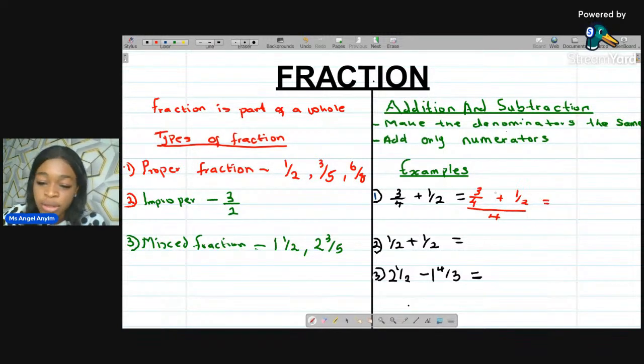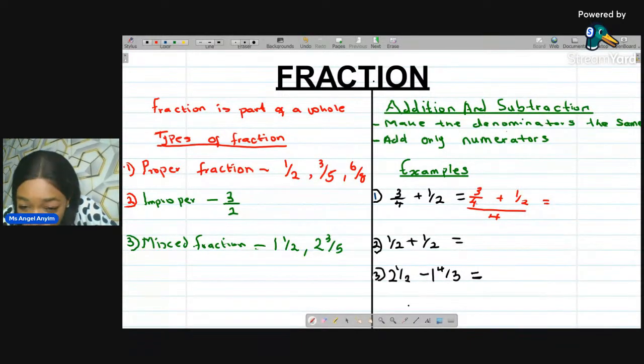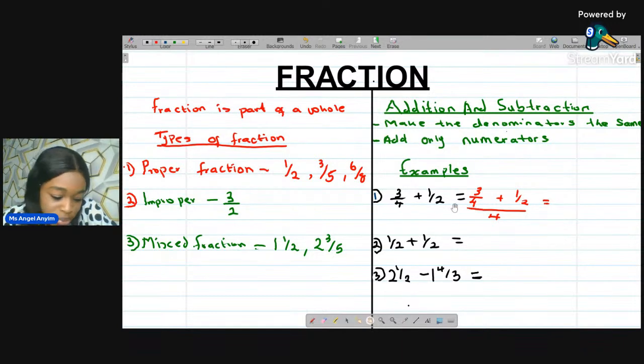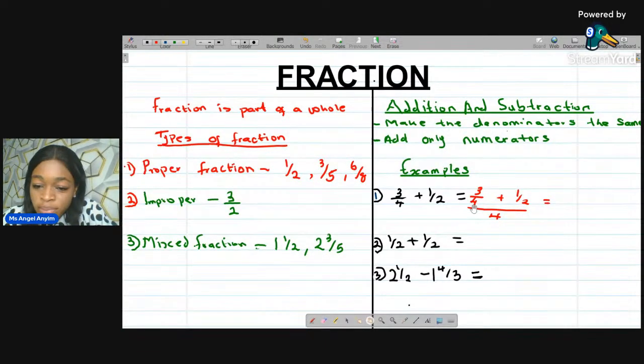So this equals, then when you've written down your LCM, the next thing to do is use your denominator to divide your LCM. 4, this is 4. 4 divide 4, which is the denominator. The first one, 4 divide 4. And 4 divide 4 is 1.